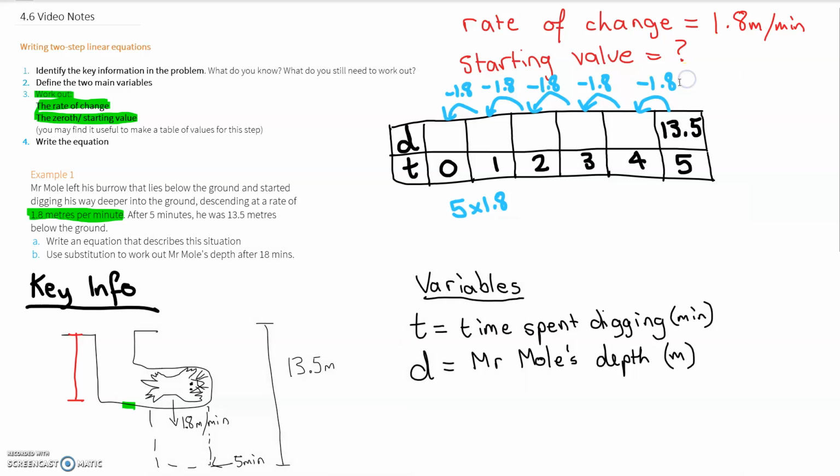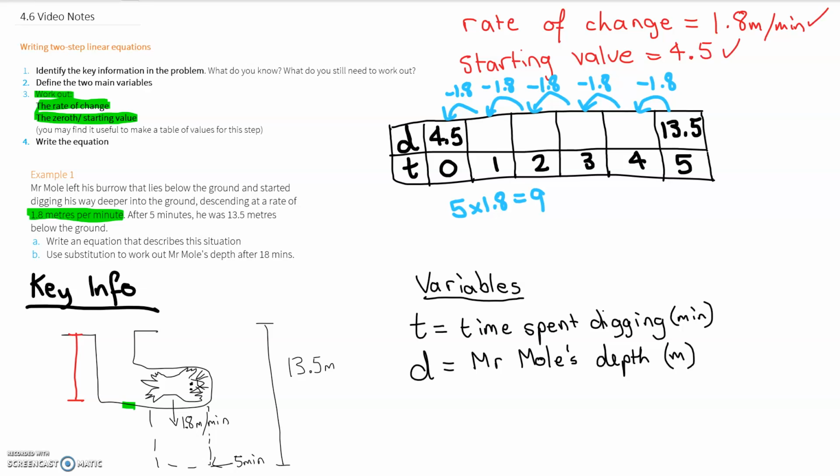Cool, so we get 9. So we know that he dug 9 meters in 5 minutes. So that means that his depth here is going to be 4.5 meters. So we worked backwards to find our starting value. So now we know our starting value is 4.5 meters.